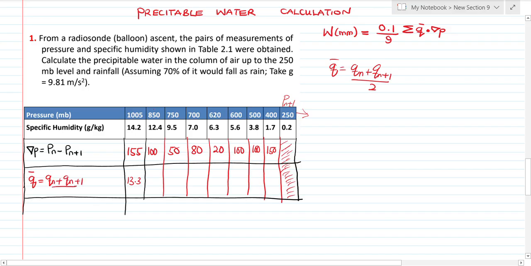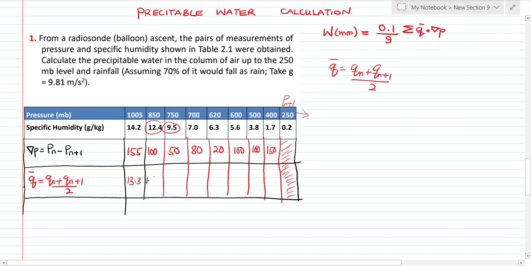Then when we come here, it's going to be between this and this, right? So that will be 12.4 plus 9.5, divided by 2.